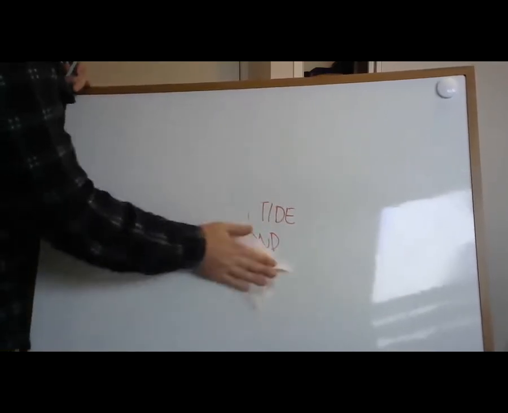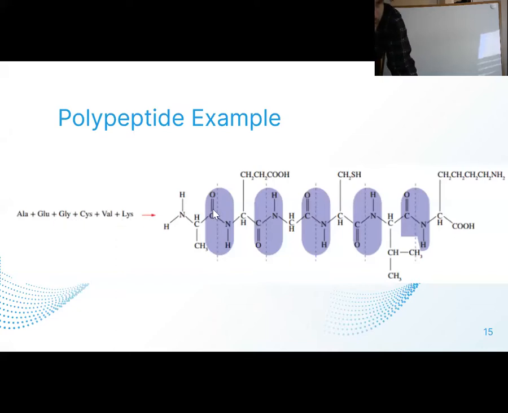So I'm not going to attempt to draw that on the board. I'll share it. But you can see you've got alanine, glutamate, glycine, valine, and lysine. So these are the different R groups.